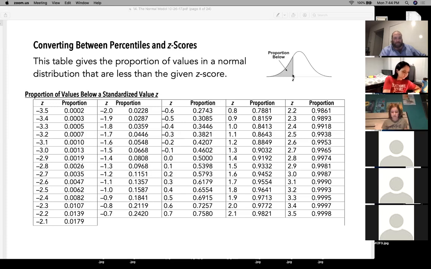For example, if z is 0, right in the center, what is the percent below that z-score? Don't look at the table, you can do this in your head. What percent is below 0 deviations, right in the middle? 50%. So if my z-score is 0, I have a proportion below it exactly equal to 50%.